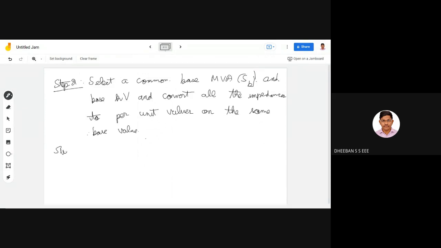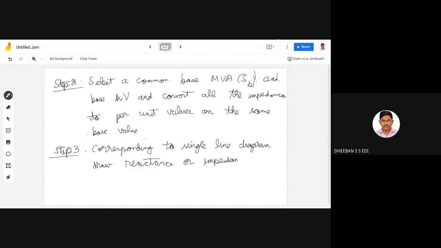And for step three, corresponding to the single line diagram, draw the reactance or impedance diagram showing one phase of the system and neutral.